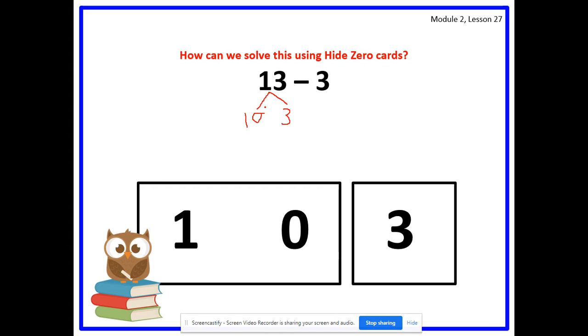And now, I know we always take away from 10, but since we are taking 3 away, do you notice something? That these numbers are the same. So instead of taking away from 10, we could take away 3 minus 3, so we can circle these. 3 minus 3 is what?